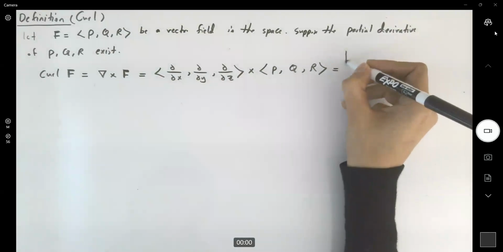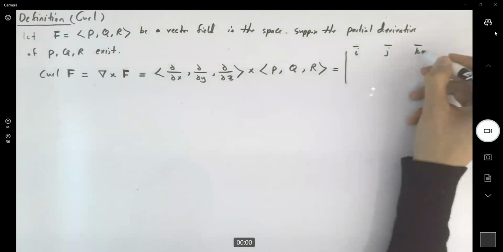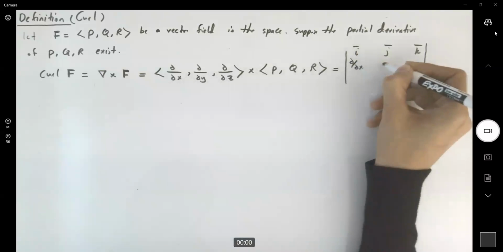So here you have the determinant I, J, and K. This is your first row. The second row is the nabla operator.